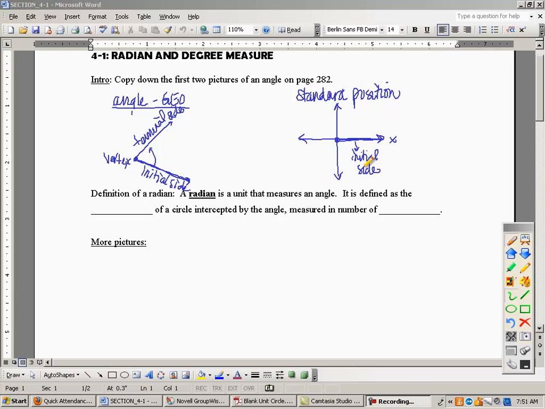And my terminal side then is wherever I end up. So let's throw my angle down here a second. This is my terminal side, and my angle is measured from this positive x-axis in a counterclockwise direction.